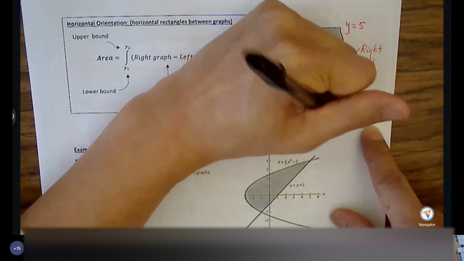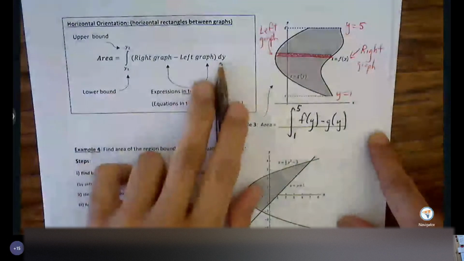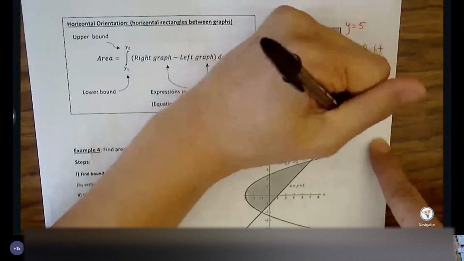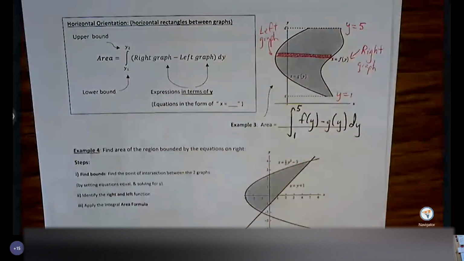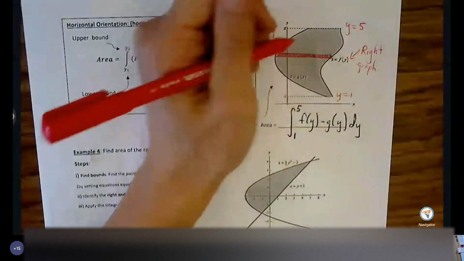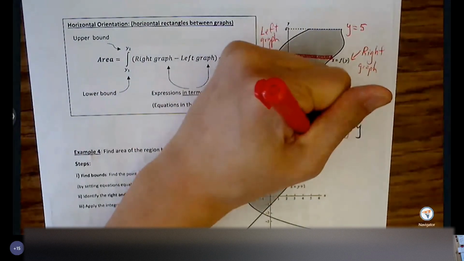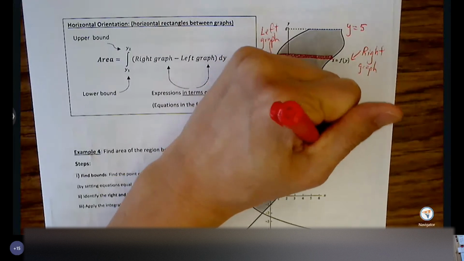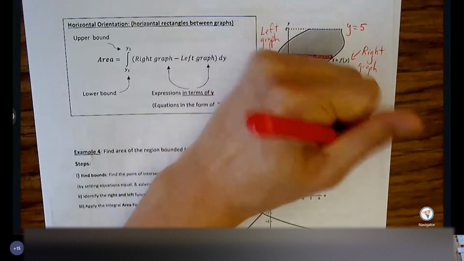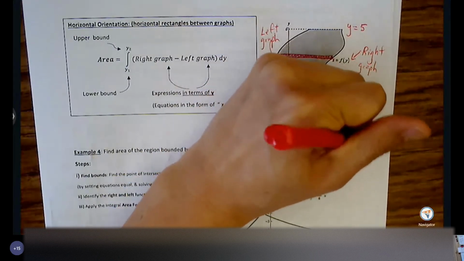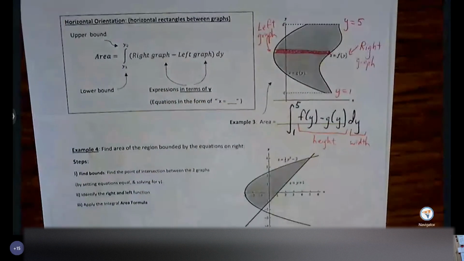And don't forget to finish the notation by saying dy, with respect to y. Again, we have our height component, but our height is kind of horizontal, and we have the width component. It's still there. It's still area related.